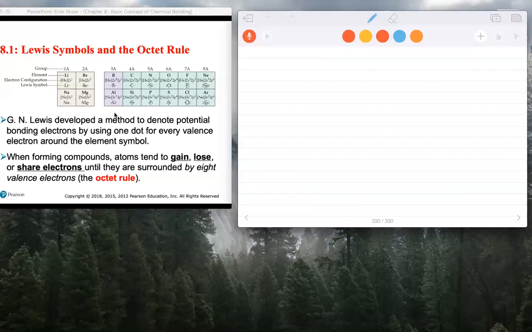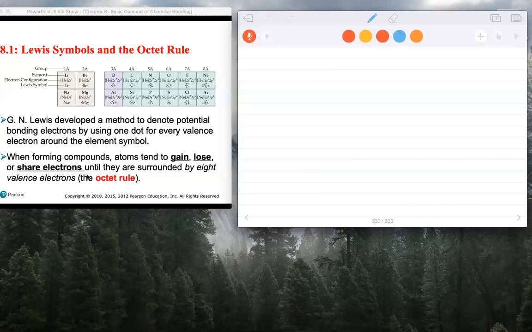The group number corresponds to the valence electrons. So it's not a big deal, you don't need to memorize how many valence electrons are in argon. Anything in group 8A except helium has 8 valence electrons.